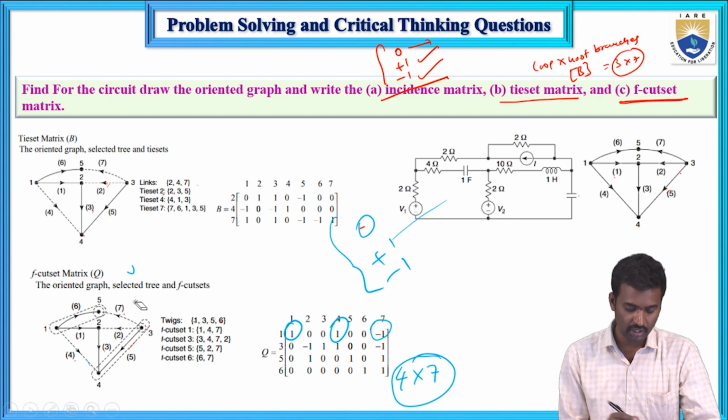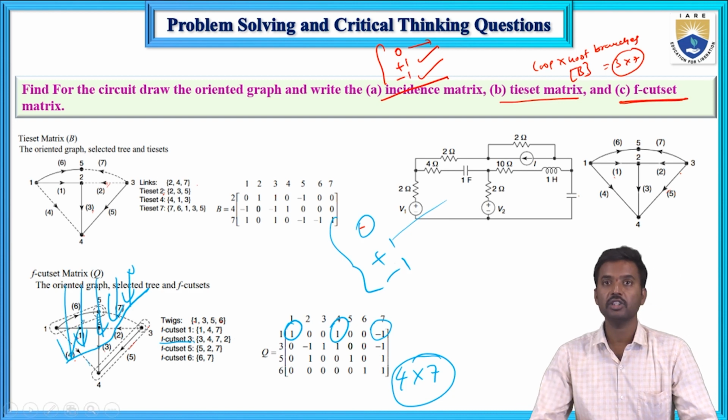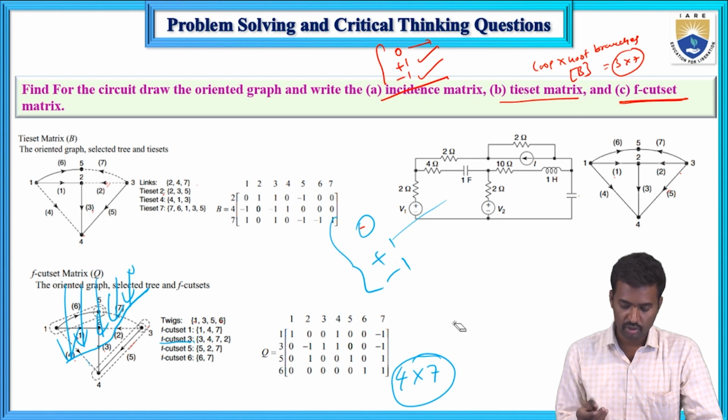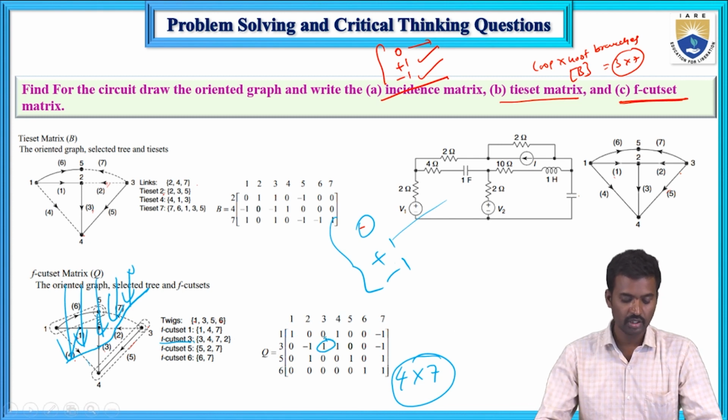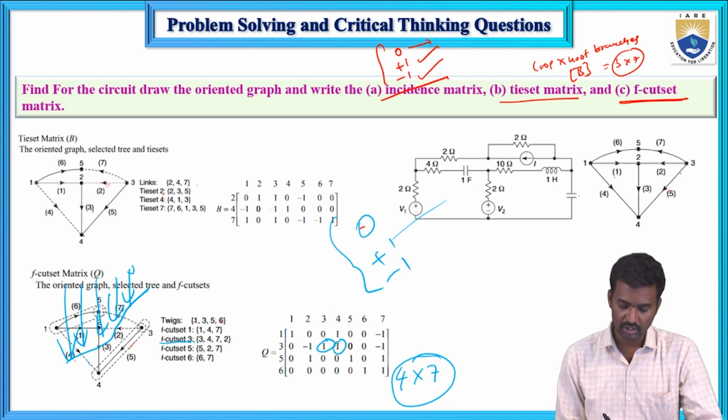Next, the second F cut set is for 3. For this tree, the links are 3, 4, 7, 2. Now this direction is downwards. The twig direction and this F cut set direction must be the same, and this 3 is always +1. Next, the remaining links' directions: the fourth is also downwards.